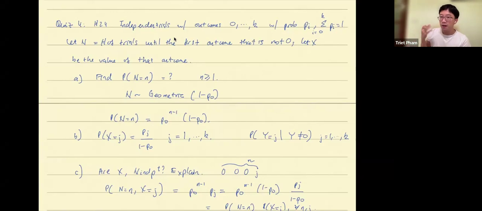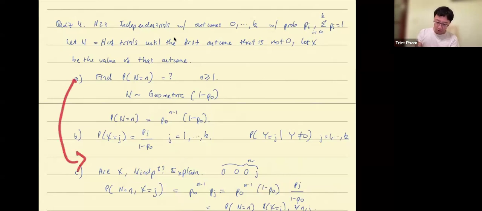Again, this shows you how far intuition can go and how dangerous it can be if your intuition is not precise enough, not clear enough. So yes, rule of thumb: random variables that influence each other or have connections are not independent.